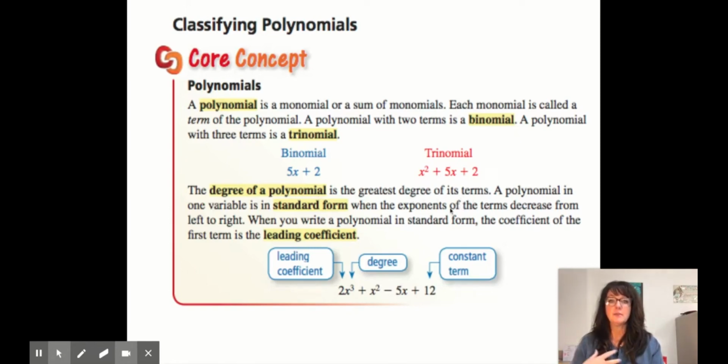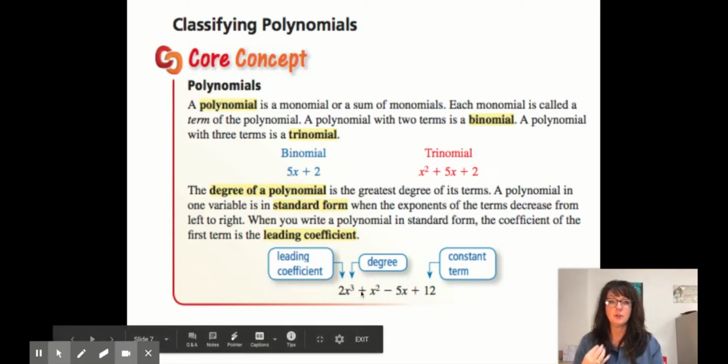So now you're having terms or monomials separated by addition, subtraction, things like that. We're not going to be adding the exponents together. We are simply going to look at the degree that has the highest power, and that would be the degree. So this would be a 3rd degree polynomial, right? If I had to classify it.